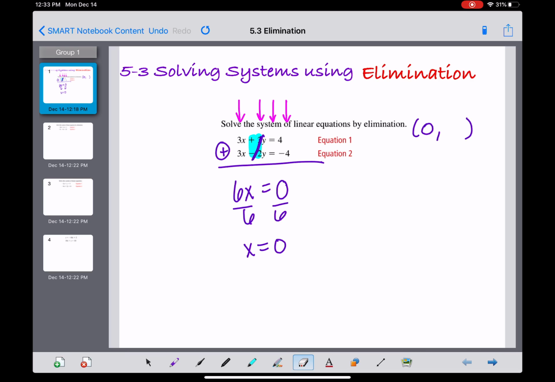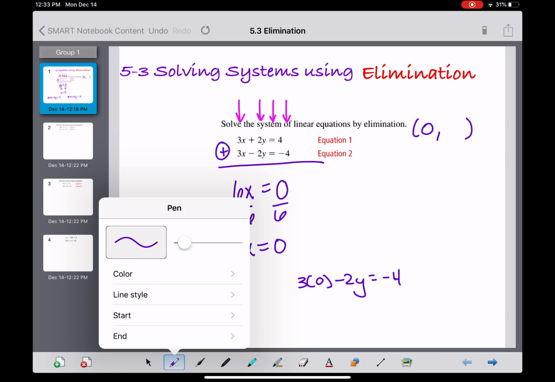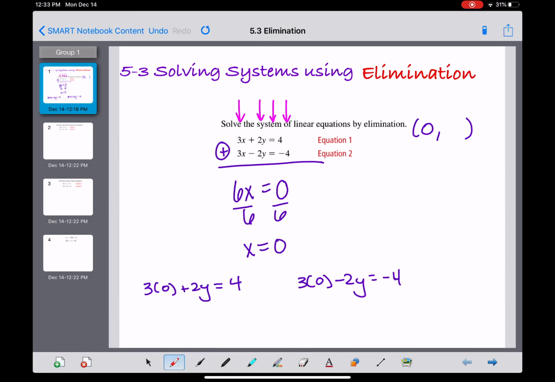When we are finding the second value, it doesn't matter which equation you go into. You can plug 0 in for the top equation, or you can plug it in for the bottom equation, and you'll still get the same answer. So 0 times anything is 0. So it's like it's not there.